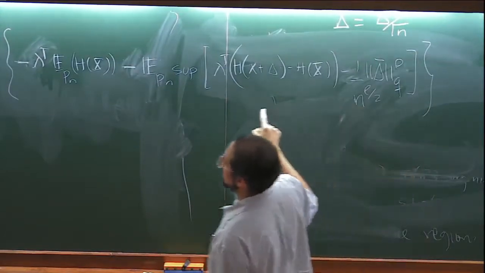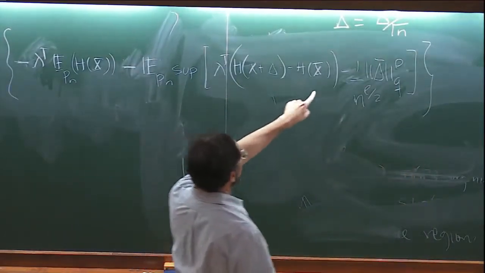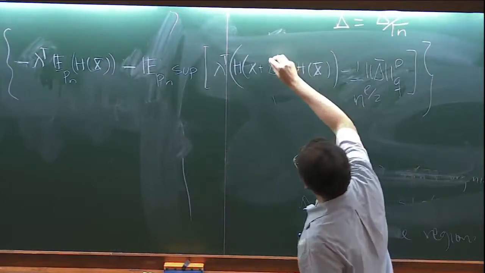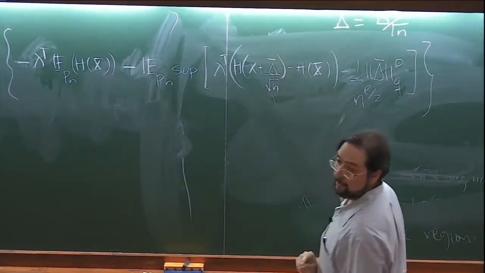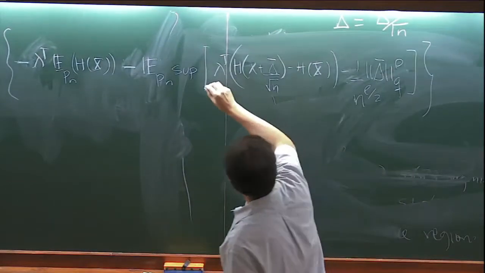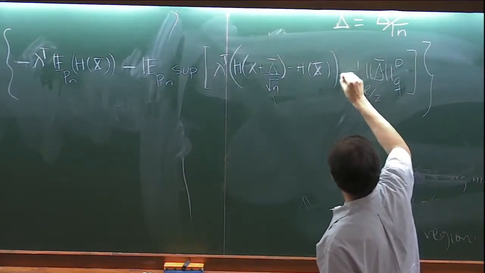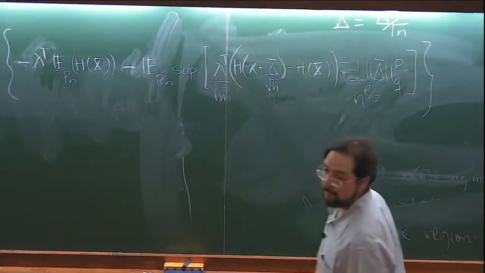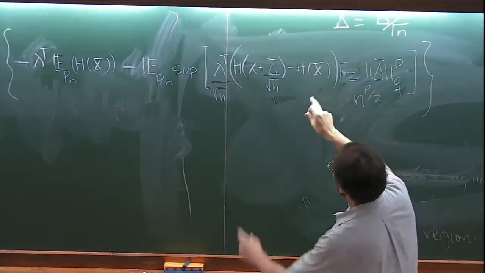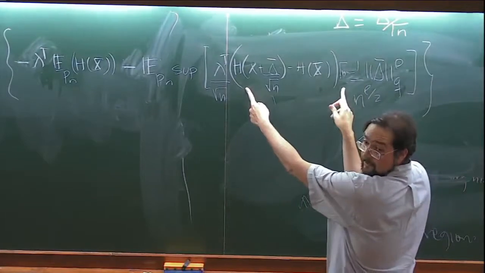So you see now I'm producing it already here. So this is going to be delta bar divided by root n. Now I'm going to multiply by root n and divide by root n here. So this is going to converge to the derivative.